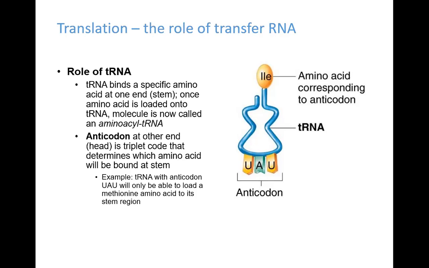And that amino acid is specified by the anticodon. Now, the anticodon is an area at the bottom of the structure of the transfer RNA. Transfer RNA is made up of nothing but a whole chain of nucleotides, with a base and a base and a base and a base.